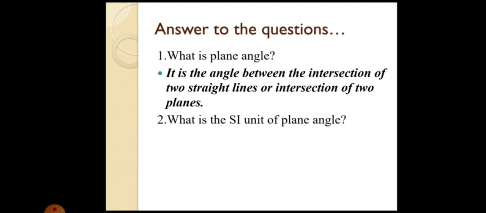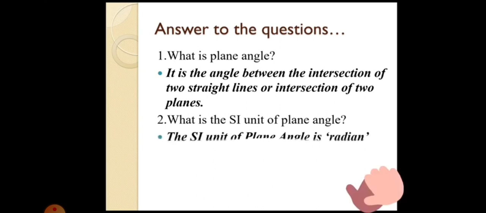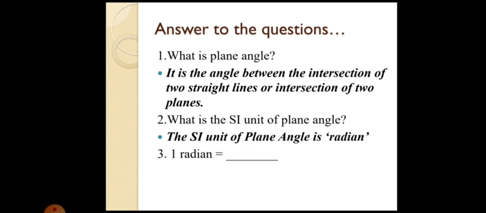Did you say radian? Yes, that was right. The answer is radian. The SI unit of plane angle is radian. What is 1 radian? 1 radian is equal to 180 degree over pi.